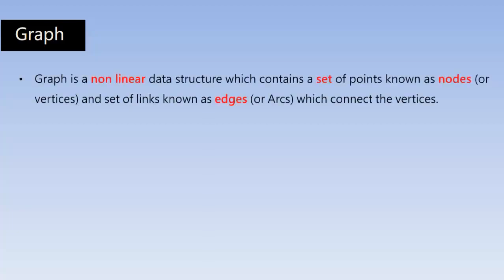So let's recall the definition of a graph. A graph is a non-linear data structure, which means elements are not stored in linear order, and it contains a set of points known as nodes or vertices and a set of links known as edges which connect the vertices, right? There are two kinds of representation of a graph. We can use an adjacency matrix to represent the graph, and we can also use an adjacency list.